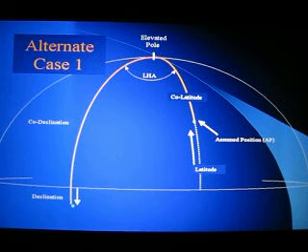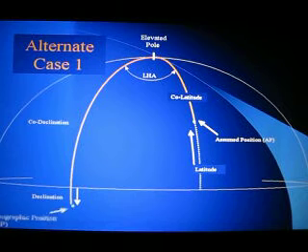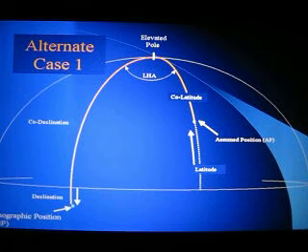Now let's look at an alternate case. This is where the declination of the geographic position is south of the equator, or on the opposite side of the equator than the assumed position. Of course, we call that a contrary instance.